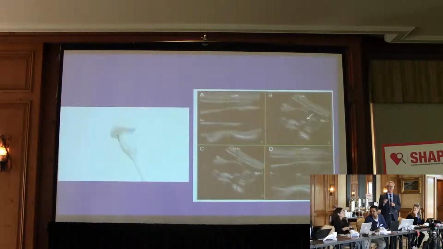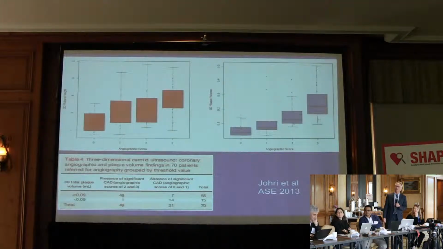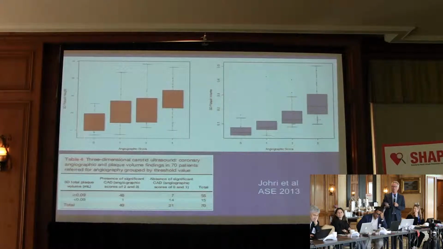The problem with it is that it has a curved surface, and things with curved surfaces make not too optimal images. But anyway, some people have used it, and this guy, Dr. Yori, looked at it and compared 2D and 3D ultrasound to an angiographic score from people who have had catheterization, and found that it was much more reproducible looking at plaque volume than using the 2D estimates.